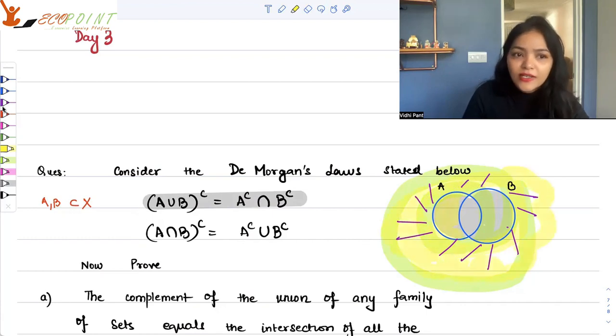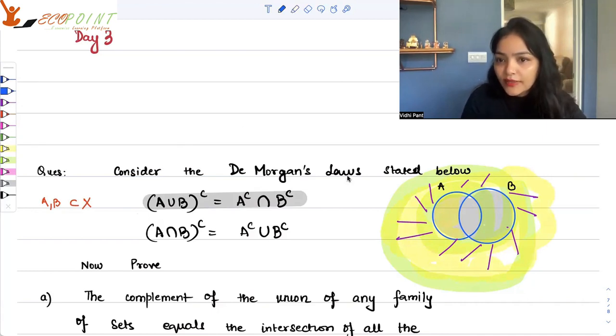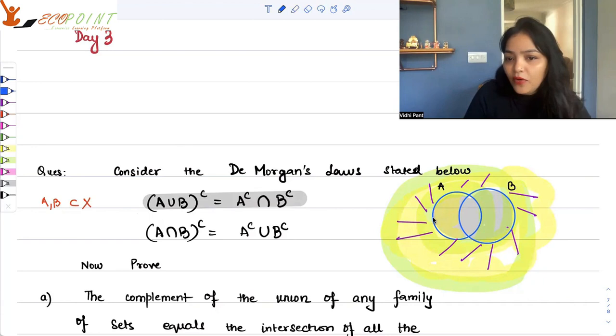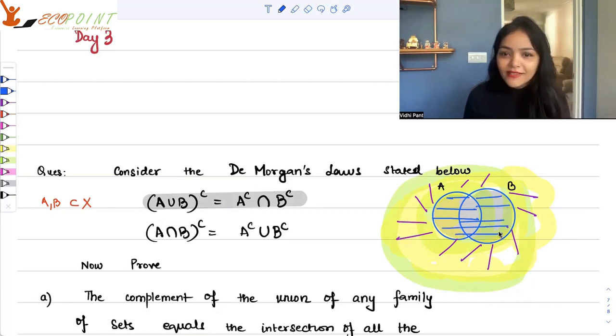So what is the intersection of these two? Yellow and green. What is the intersection that you can see? Except for this entire thing, everything else is what it consists of, which is the same as the complement of A union B. So the statement that you have here is absolutely true.